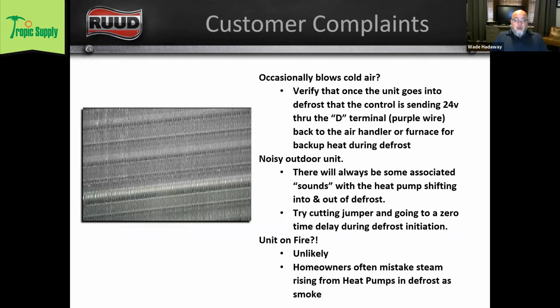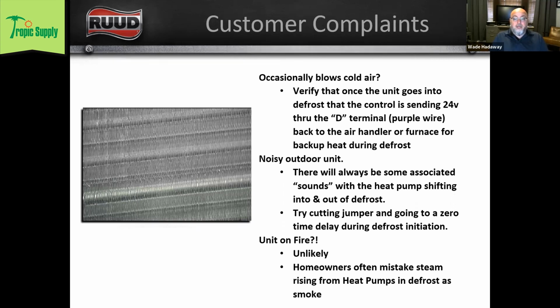So, some common complaints. Occasionally, the system blows cold air. That could be because there is no auxiliary heat, so there is no electric heat, or it's not wired properly, or for some reason it's just not engaging the backup heat when it goes into defrost.